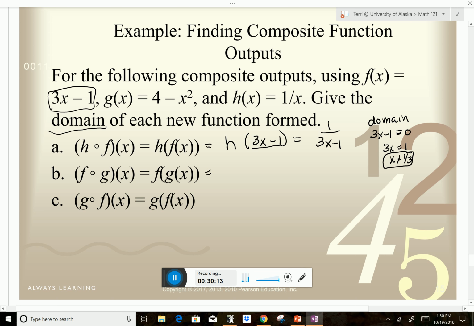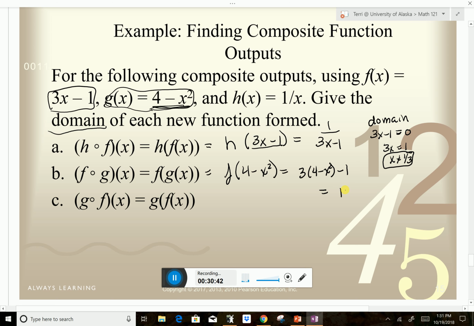Now, f of g of x, we have f of g of x. So let's replace g of x with this, 4 minus x squared. So what does f do? f takes whatever's inside here, multiplies by 3, and then subtracts 1. So now instead of just x, it's 4 minus x squared. Multiply it by 3, subtract 1.